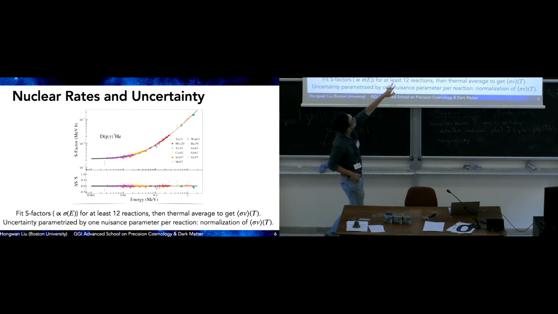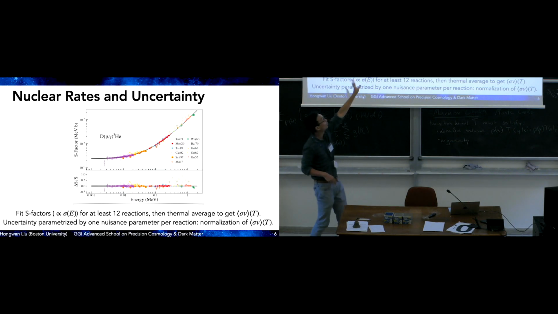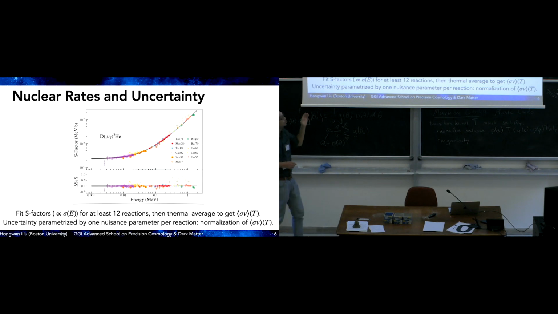If you look at plots in the BBN literature, it always looks something like this: you have 10 to 20 data sets, from the 50s all the way up till today, all scattered all over the place. And you've got to figure out how to do a fit to these data points, and then do a thermal average to get sigma v of T.